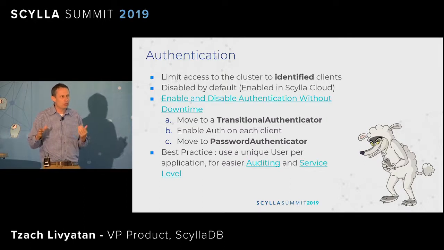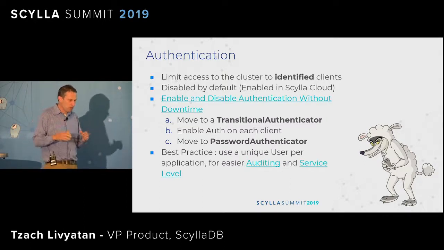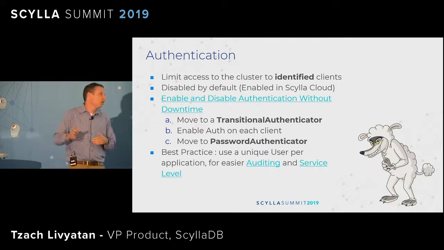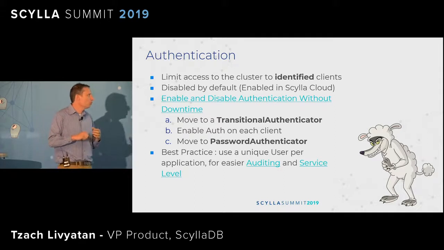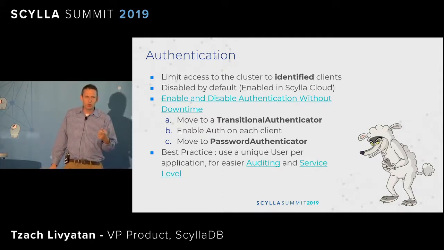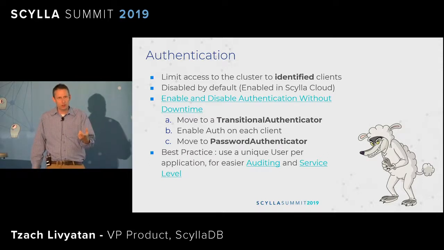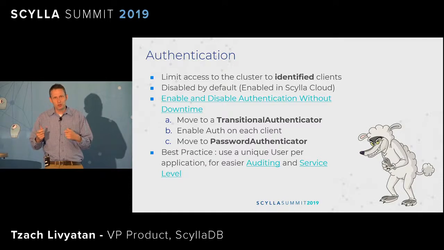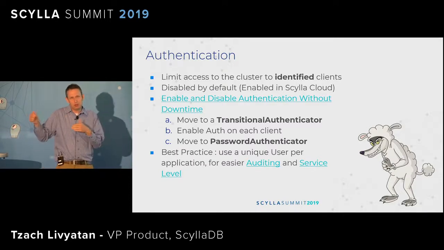Of course, authentication is something that should be enabled in the driver and the database, but it's hard to do it at exactly the same time. So Scylla, following Apache Cassandra, has what is called the transitional authenticator. If you're starting with no authentication, you can enable this transitional authenticator. This gives you time to use or not use authentication from your driver. You can then go to your applications and enable authentication on the driver one by one.